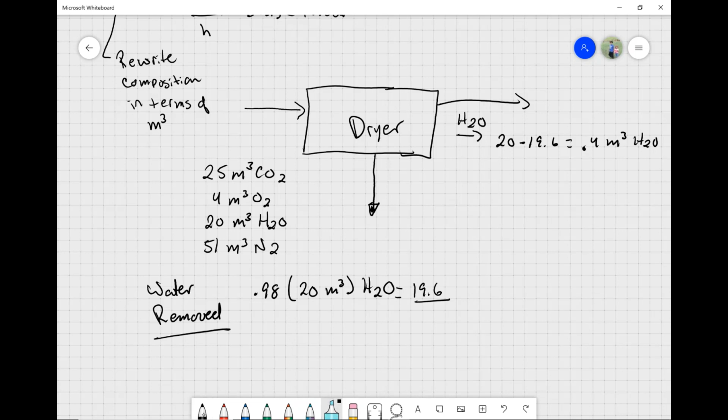All of the rest goes to the other side. So input totally equals output from here to here. This 98% that was removed, this 19.6, let me color code it.